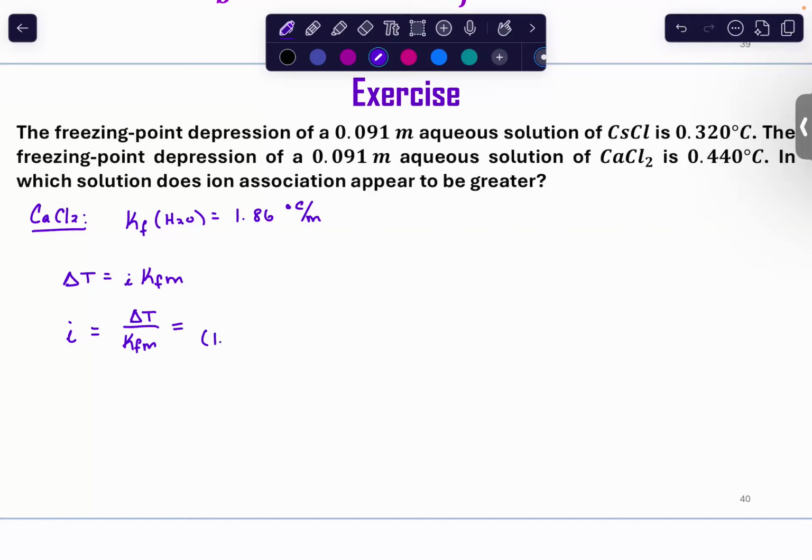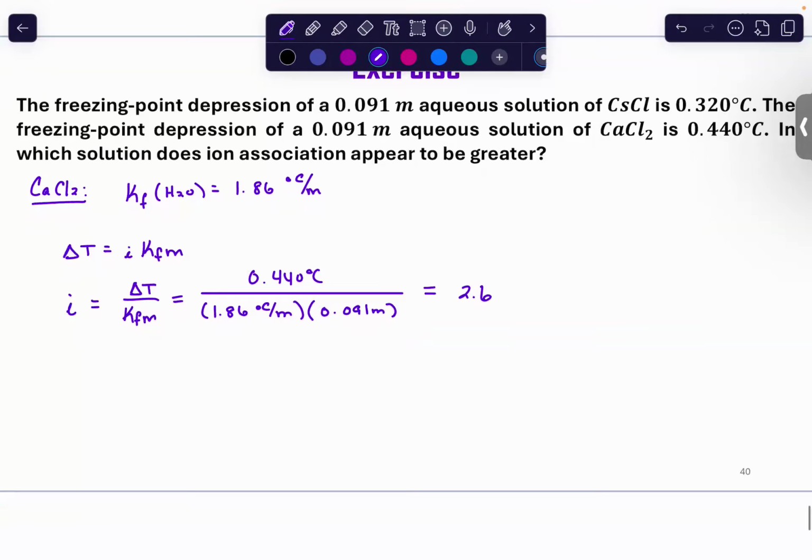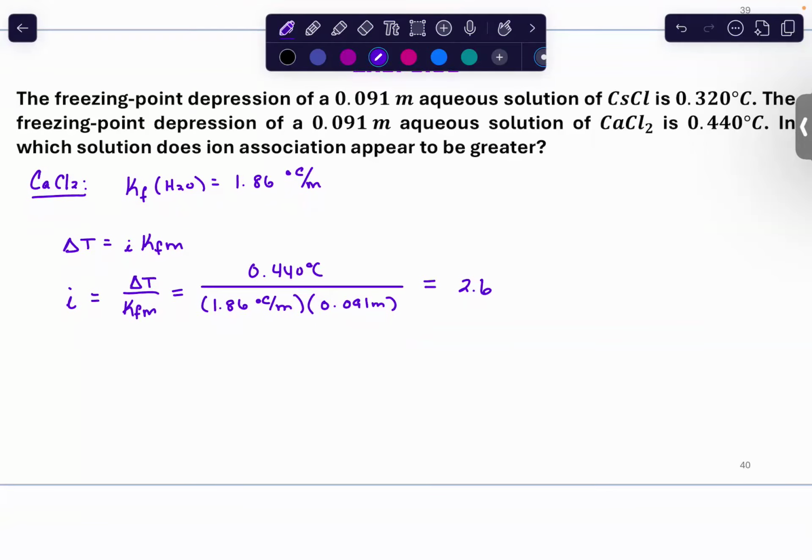Okay, so our Kf is 1.86. Let's see, it's 0.091 molal. Our delta T, 0.320. Nope, that's for the other one. It's 0.440. For calcium chloride, our van 't Hoff factor turns out to be about 2.6. Okay. Now, the question becomes, what is the ideal van 't Hoff factor?